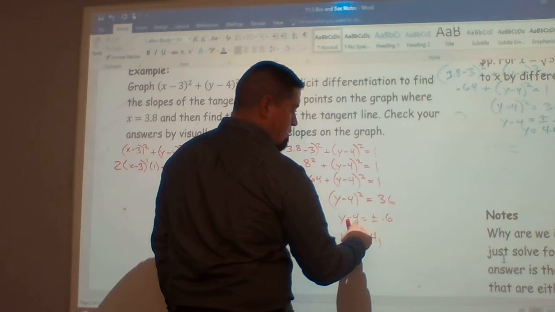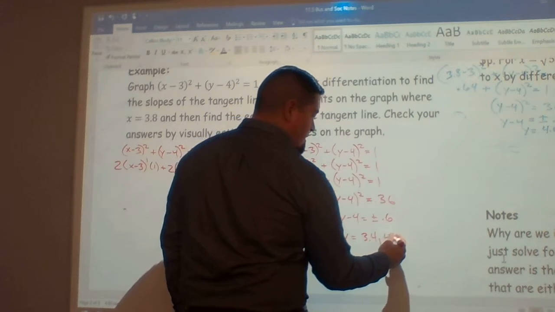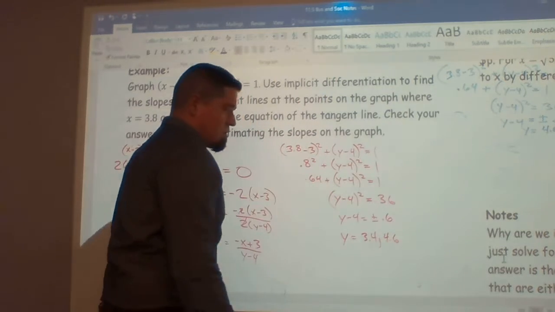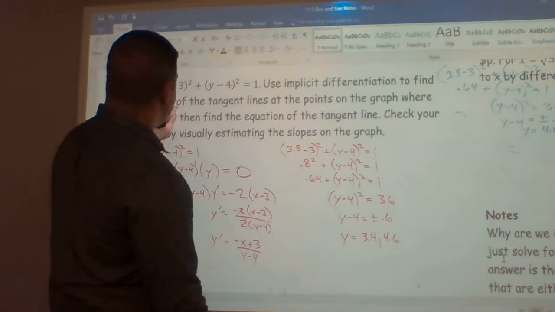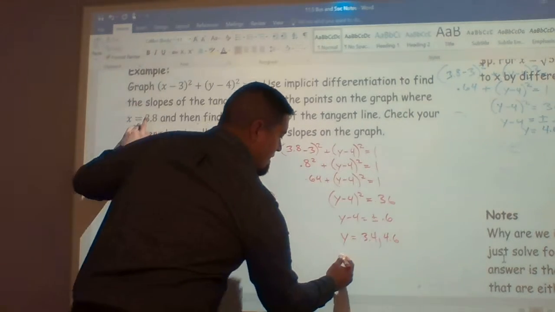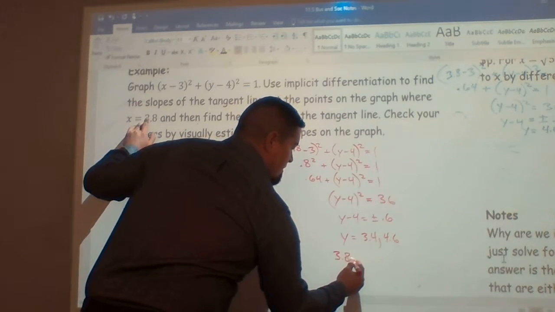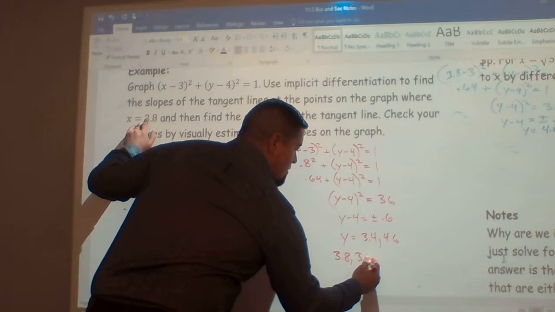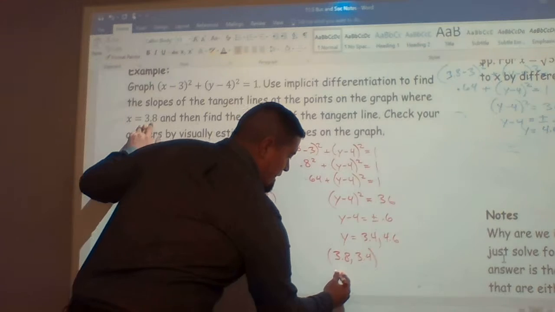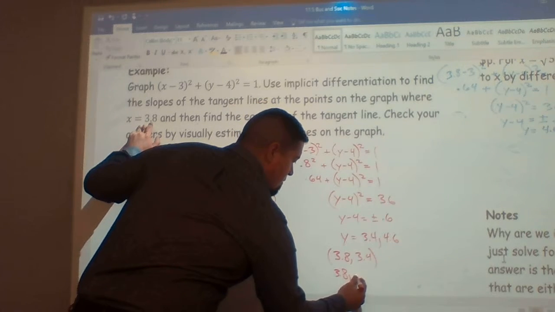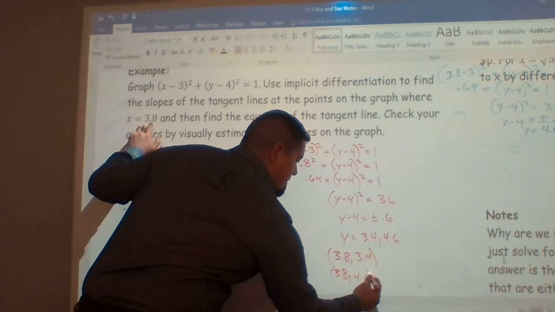The second solution would be 4 plus 0.6, which is 4.6. Okay, so those are our two solutions, which lead us to our two coordinates. 3.8 comma 3.4 is one of them, and 3.8 comma 4.6 is the other one.